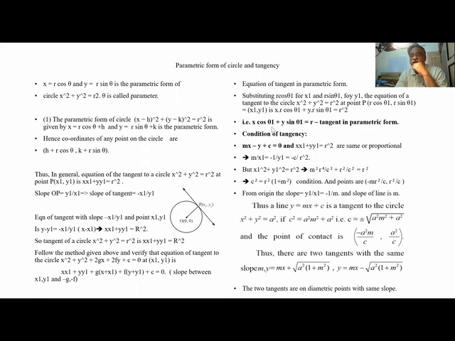So x cos theta plus y sin theta is equal to r is the tangent in parametric form. xx1 plus yy1 is r² is in the coordinate form. Now here it is in the parametric form. So x1 is r cos theta1, y1 is r sin theta1, r gets cancelled, and r is left over.